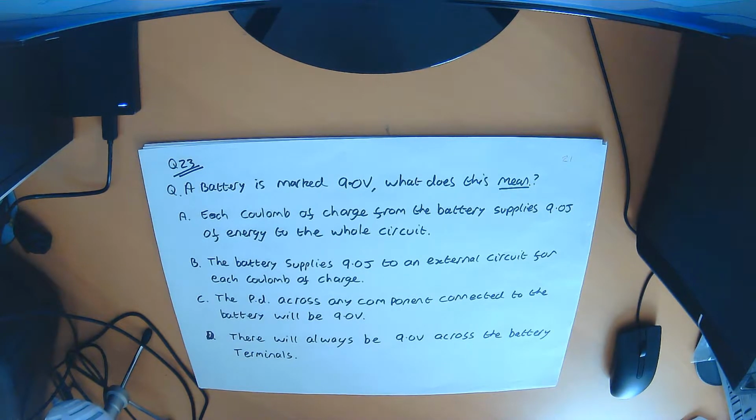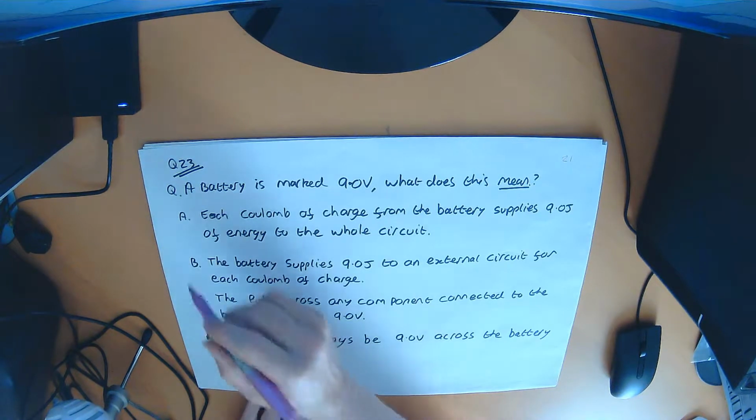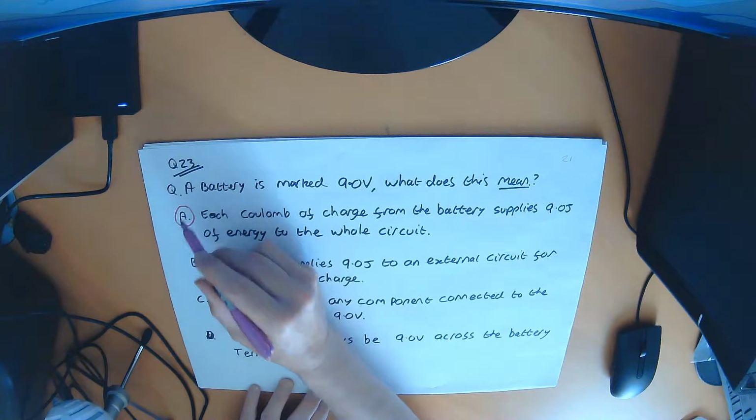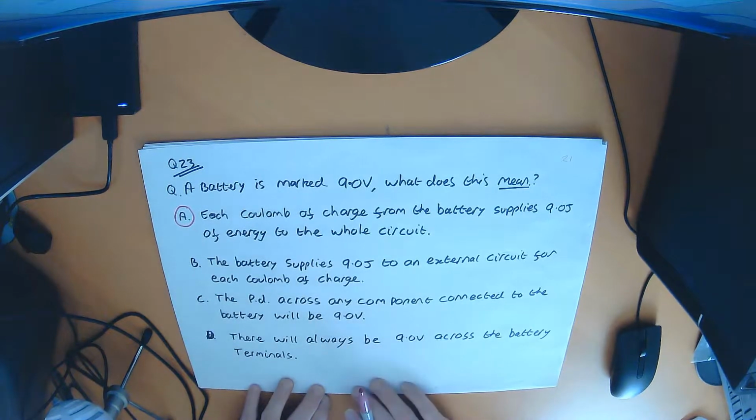However, the cell's internal resistance and the cell itself is part of the whole circuit. And so A is the correct answer because the whole circuit, including the internal resistance of the cell, gets this 9 joules of energy.